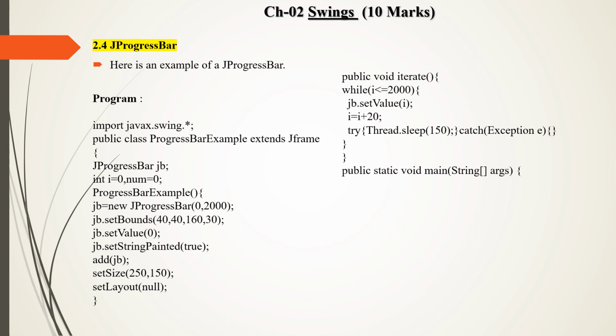Then we define the main method, public static void main(String[] args), and then we create one object of ProgressBarExample. m is the object of ProgressBarExample. Then we set the visibility to true and we call the method. So this is a simple program to display the JProgressBar.